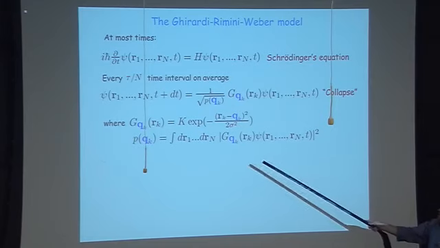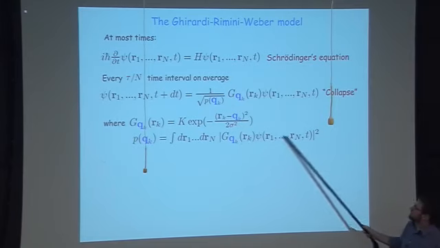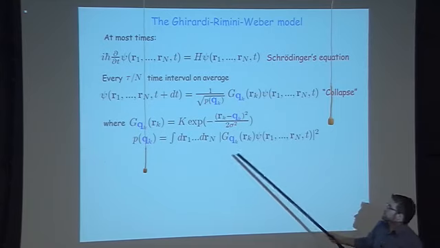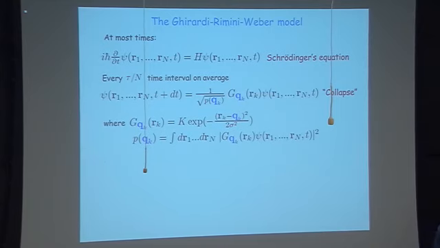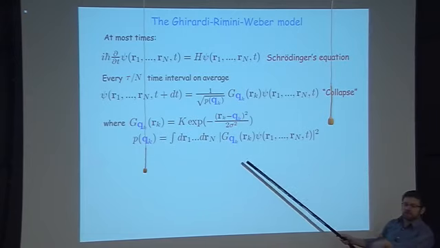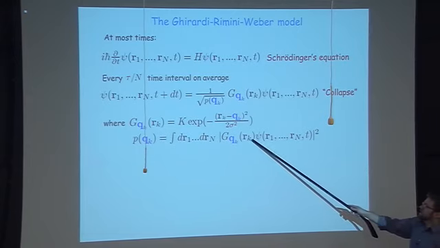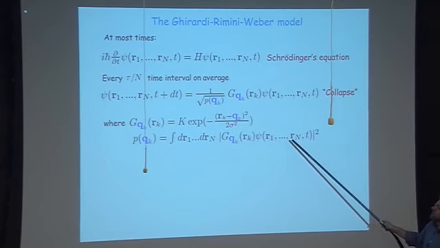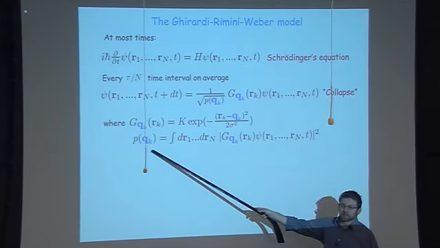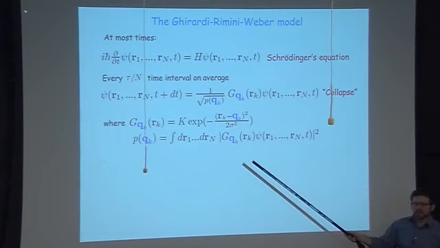So if I want to know where qk should be, if this expression hadn't had the Gaussian in it, it would just be mod psi squared, integrate out all the other coordinates except for the kth one, and now you're looking at the reduced density operator of the kth particle, and you're looking at the probability distribution over position for that kth particle. But this Gaussian kind of smears that out a bit. And nonetheless, it's still true that in the regions where the psi squared integrated over all these other coordinates is large, it's more likely that you're going to get collapses there. And where it's small, it's less likely that you'll get collapses.